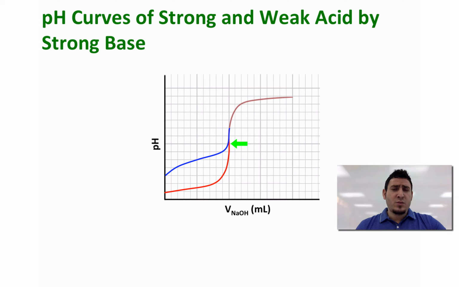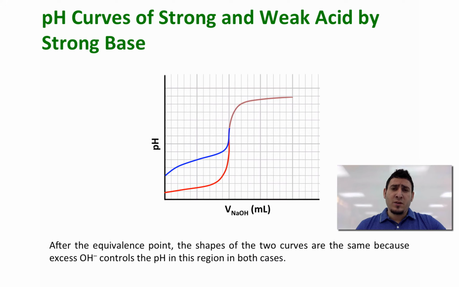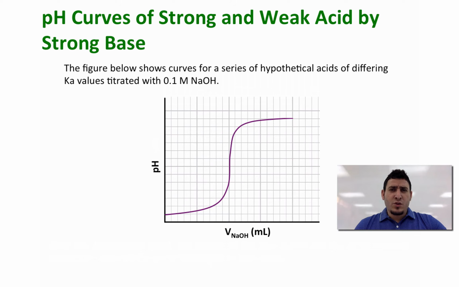However, the equivalence point pH for a weak acid strong base is going to be higher than 7. Now one important note is that both curves end up the same way, so they share the same part after the equivalence points.